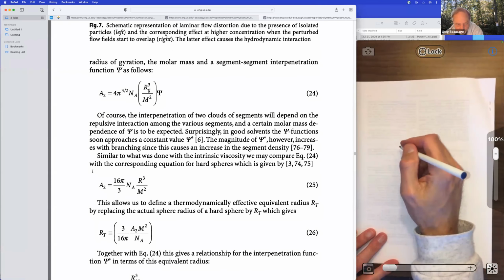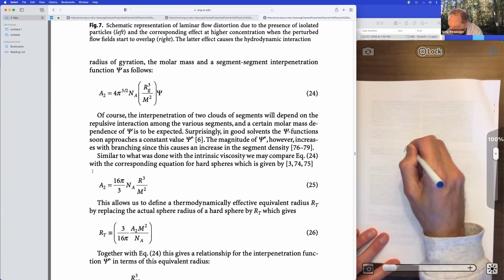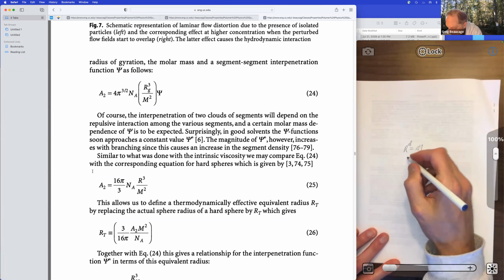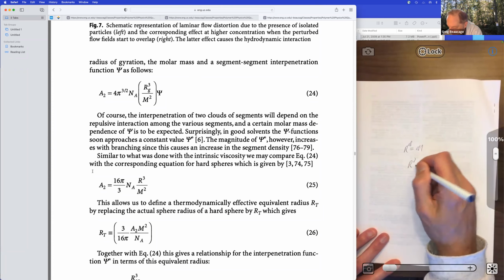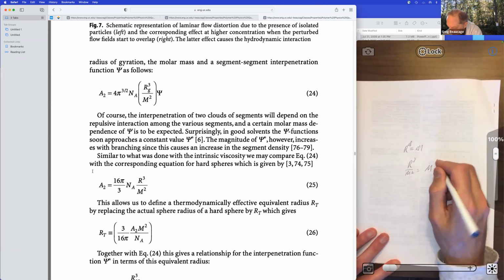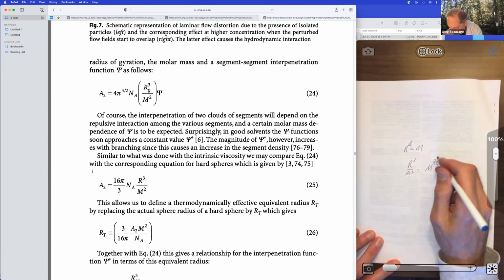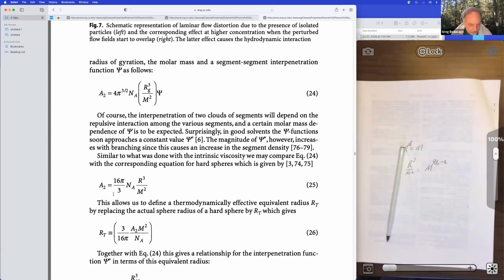And then we know that for a mass fractal, R to the df is the mass. So if you have R cubed by m squared, then that ends up being m to the 3 by df minus 2 for a mass fractal. So his m squared R cubed becomes m to the 3 by df.